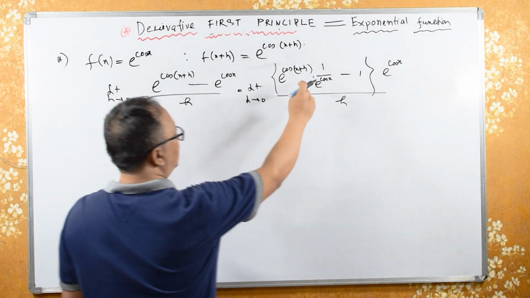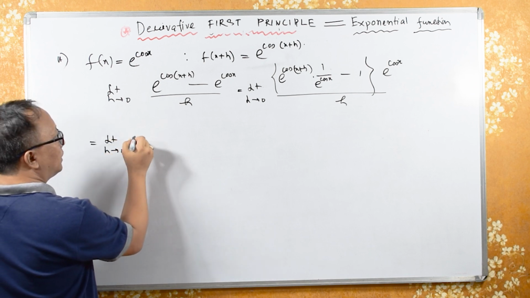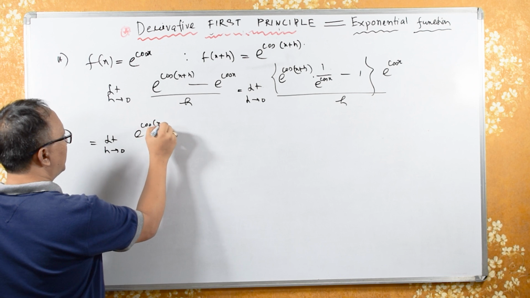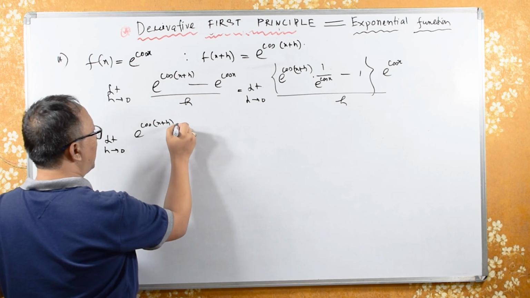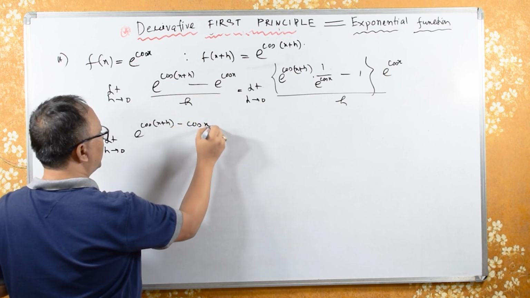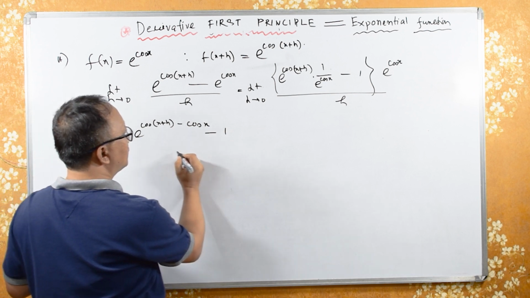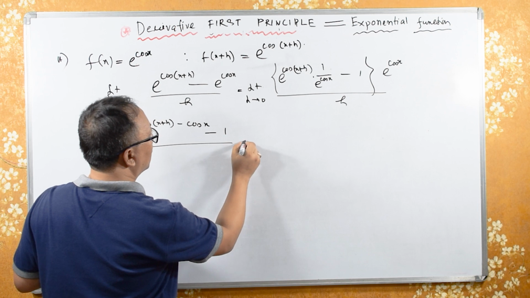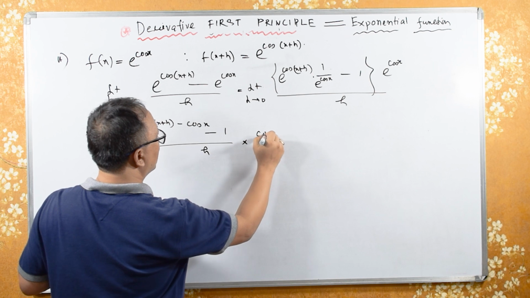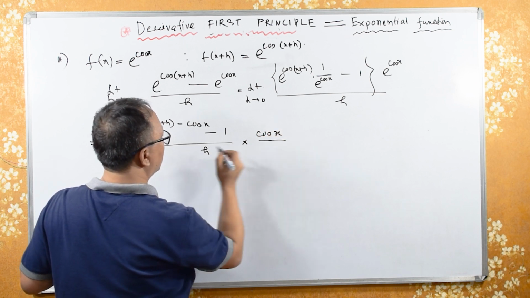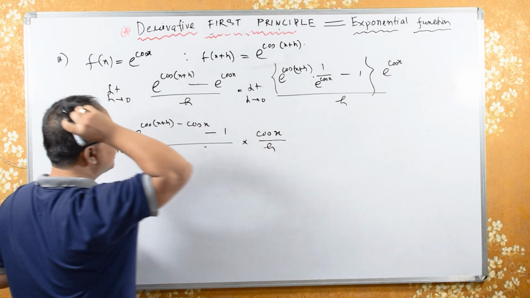Now this I can bring up. Limit of h tends to 0, e raised to cos of x plus h minus cos of x, minus 1, upon h, into cos of x plus h minus cos x, here h.